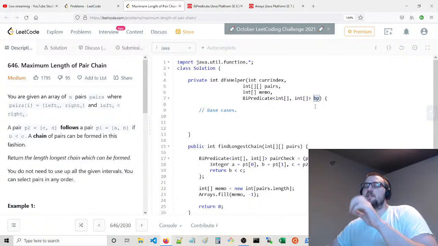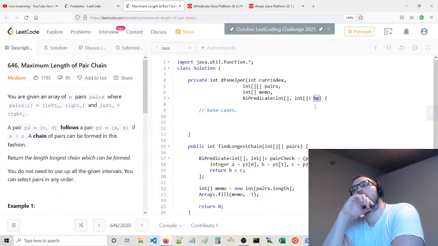The pair at the current index versus all the other pairs. For all those where BP is true, you're going to recurse, take the largest of all those values, and return 1 plus that.